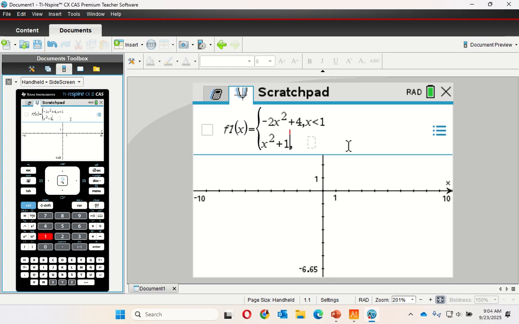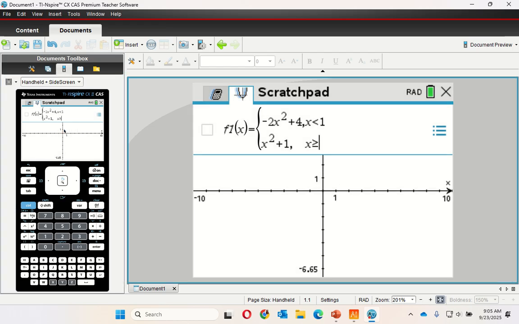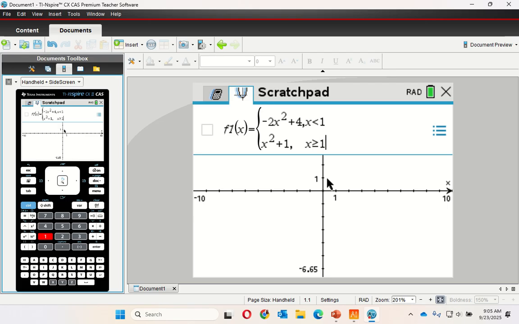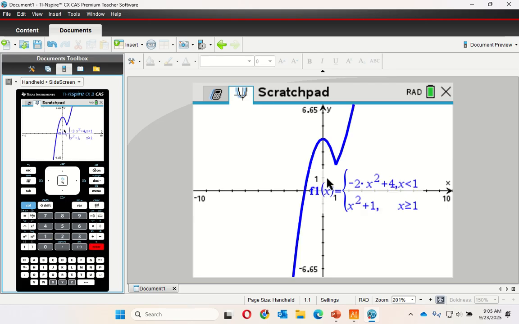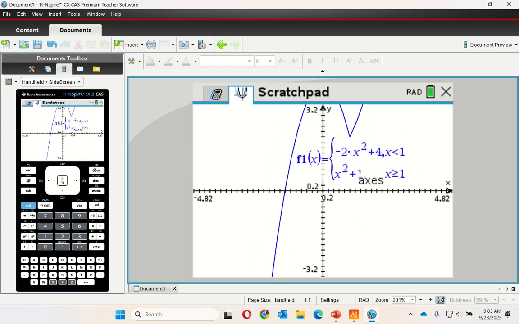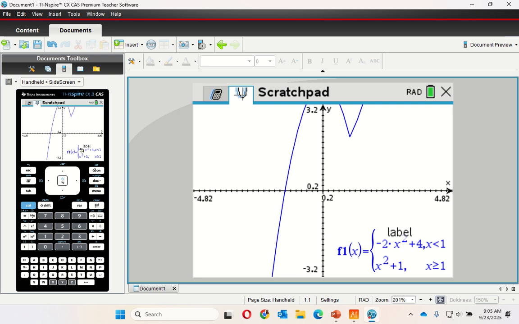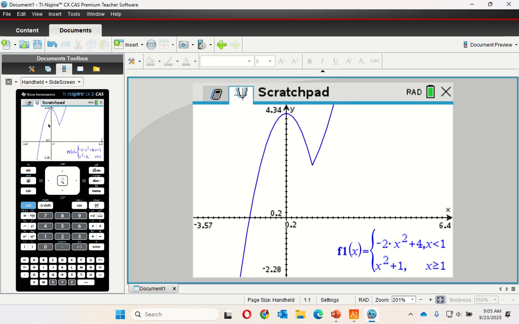And that's for when x is greater than or equal to 1, like that? Yep. Okay. All right, so looking at this, now, that right there is a pointy point.